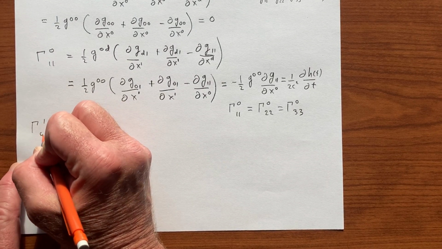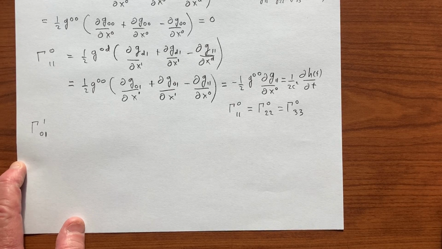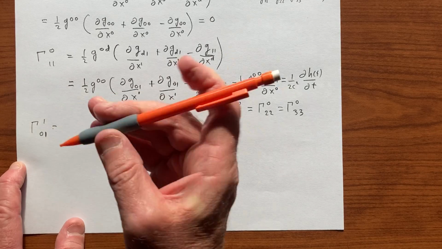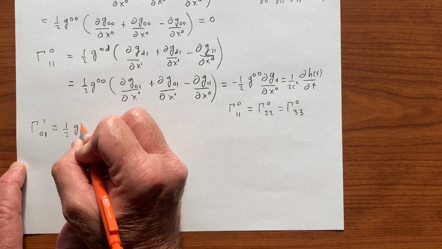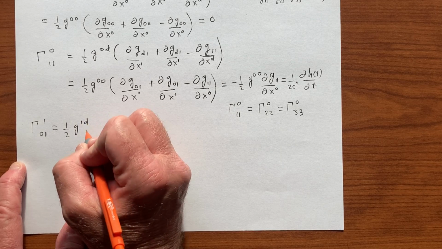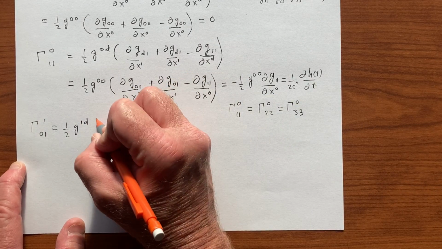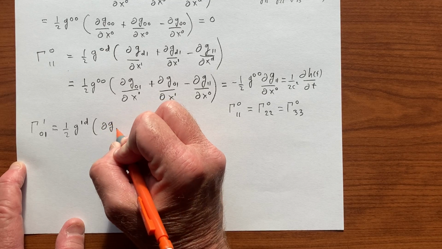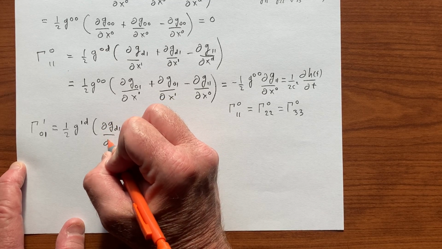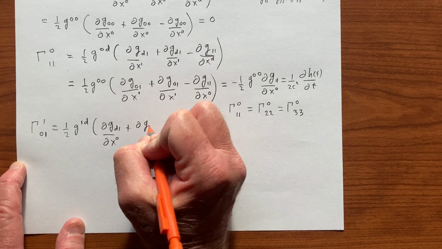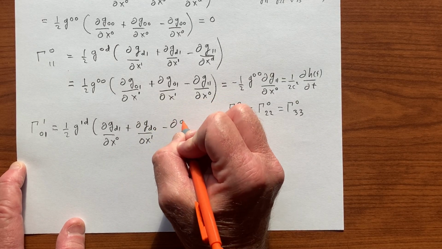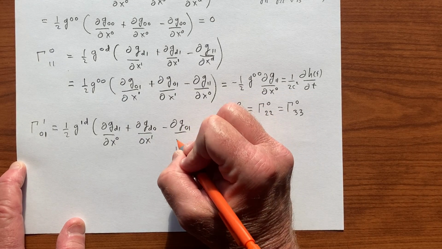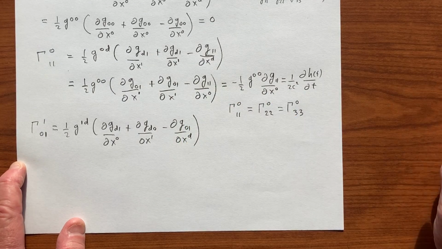Gamma 1,0,1. And of course, there's a symmetry that we can, again, appeal to in the metric. So this is equal to 1/2 g^{1d}. Only d equals 1 is going to matter here, but let's just go through it. Times the derivative of g_{d1} in x0, to remind ourselves where this comes from, plus the derivative of g_{d0} in x1 minus the derivative of g_{01} in xd.